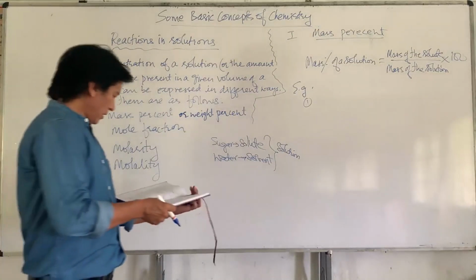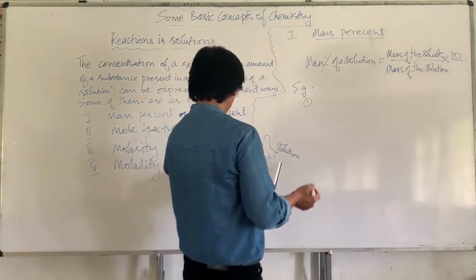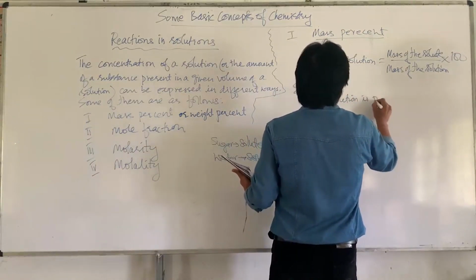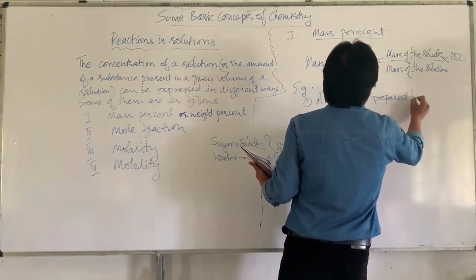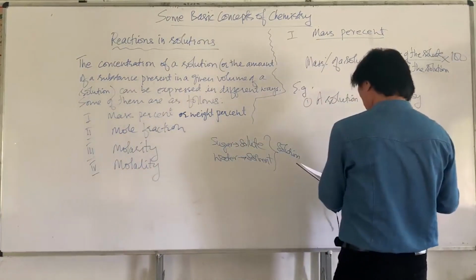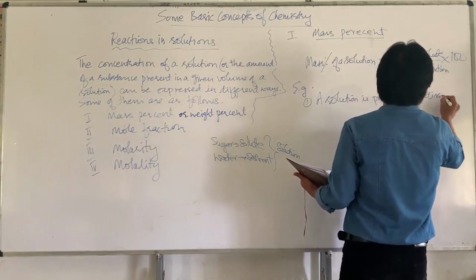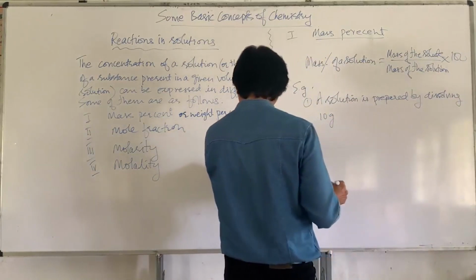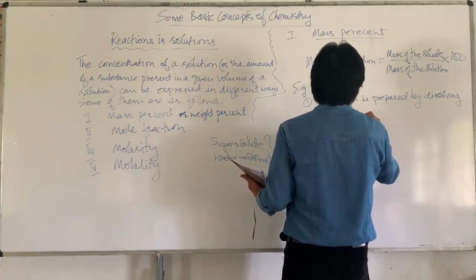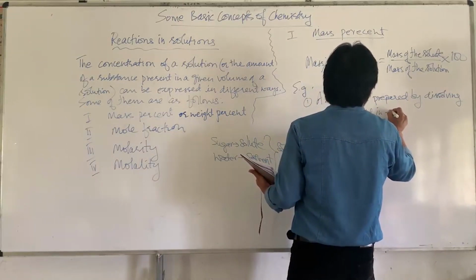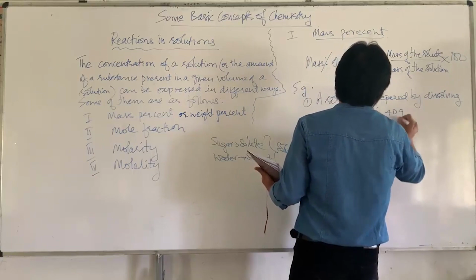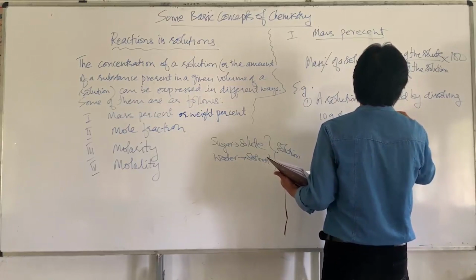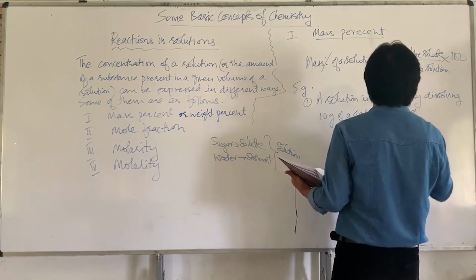The very first example I have for you is: a solution is prepared by dissolving 10 grams of a salt in 490 grams of water.